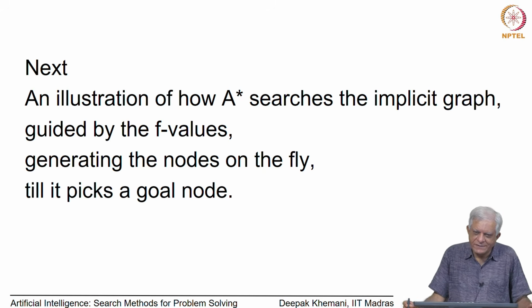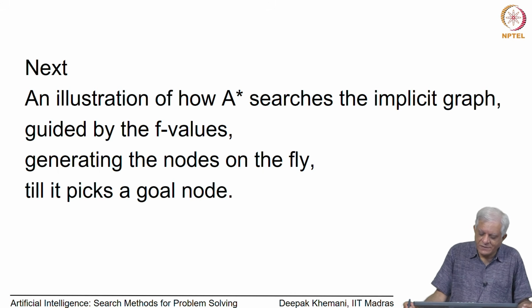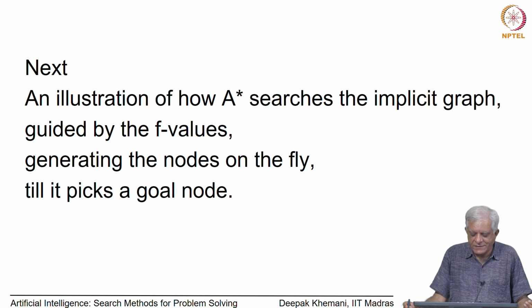What we will do next is to look at an illustration of how A star searches an implicit graph. I keep repeating that the graph is not given to the algorithm. What is given is the start node, the goal condition or the goal node as the case may be, and a move gen function which implicitly represents the neighbors of every node in the search space, and therefore, generates the graph as and when needed.